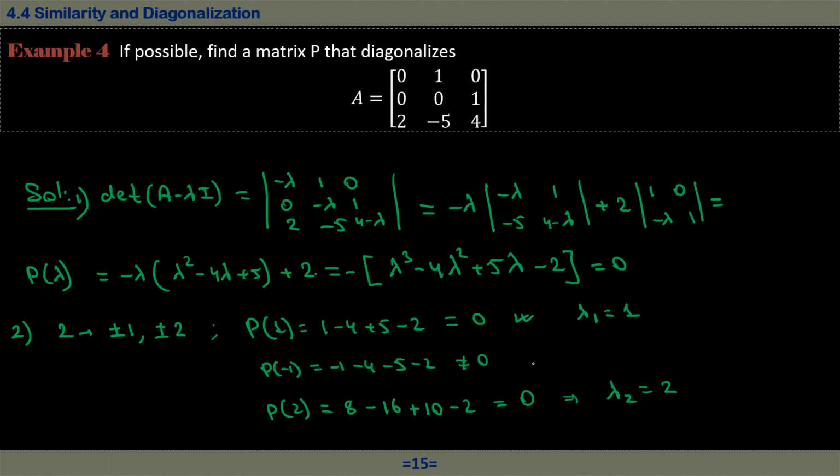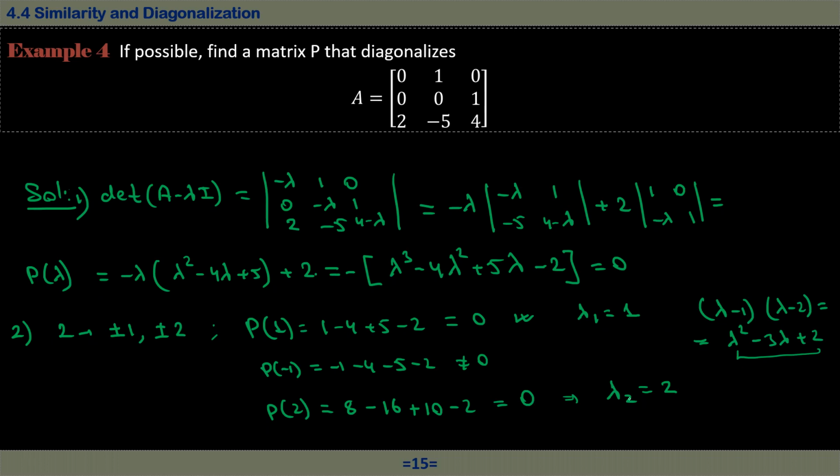So now we know that two factors of this cubic polynomial are lambda minus 1 and lambda minus 2, which is equal to lambda squared minus 3 lambda plus 2. And dividing this polynomial by this expression, we can find the third one. If you just divide this, you will see that actually the third one will also be 1.